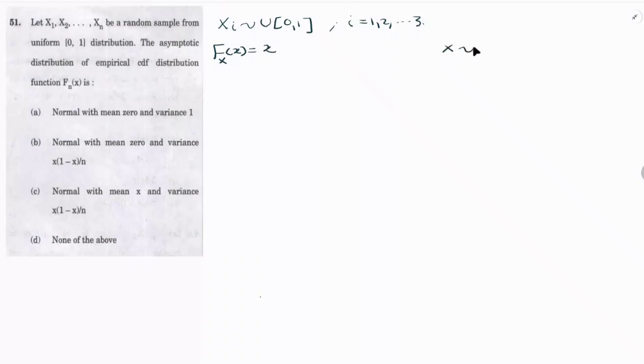Because if x follows uniform distribution with parameters a, b, then the CDF is given as (x minus a) upon (b minus a). So in the place of a we have 0, in the place of b we have 1. So this will be x only. So we have written that the CDF of x will be small x.